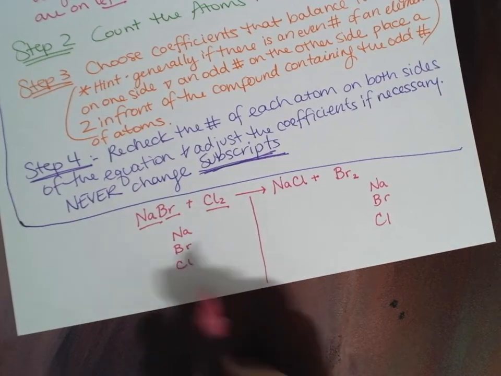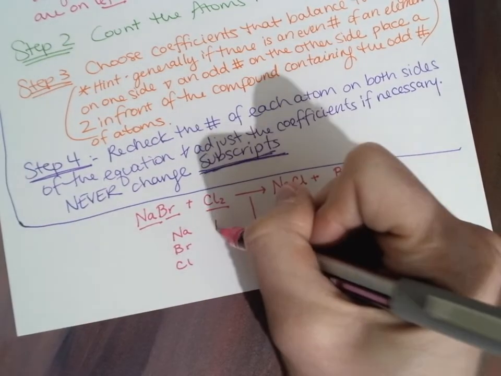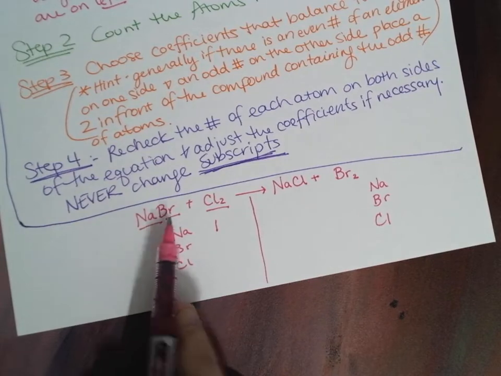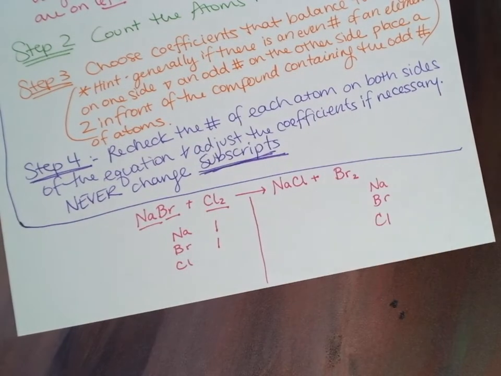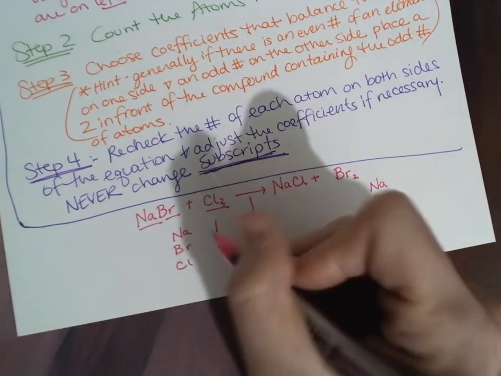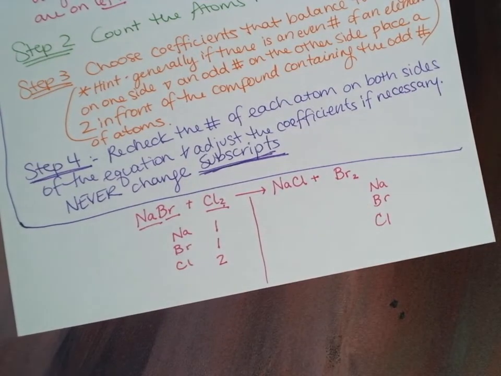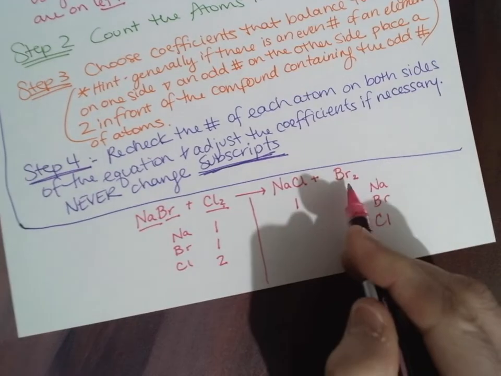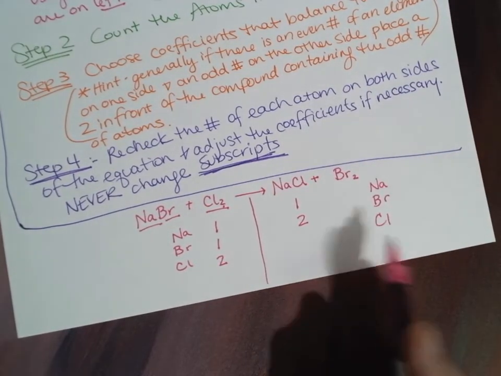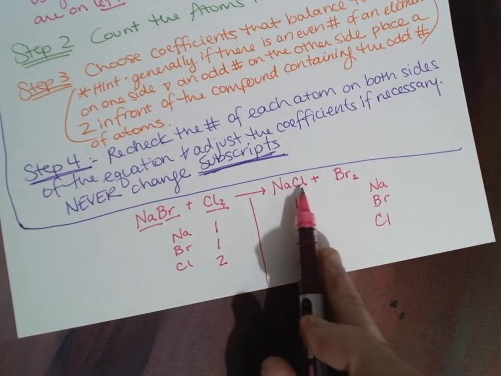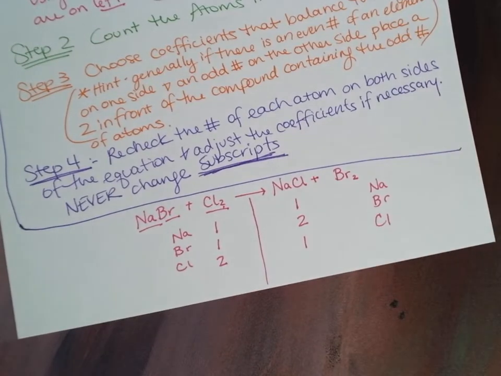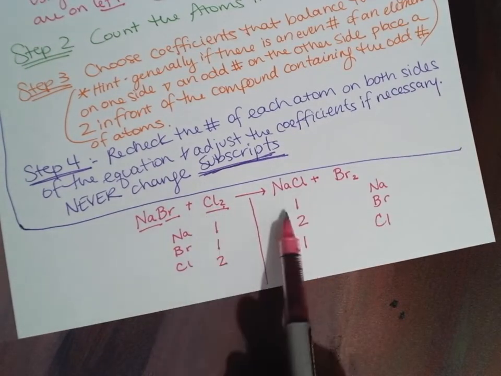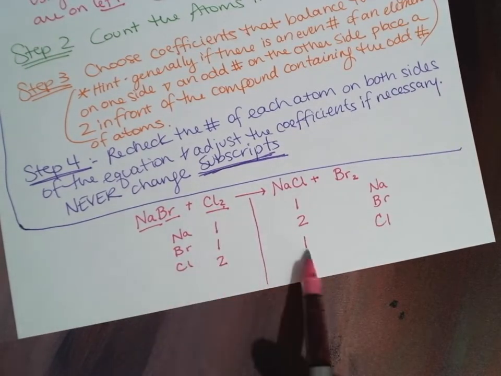We have one sodium atom on this side, one bromine atom, and two chlorine. Going over here, we have one sodium, two bromine, and one chlorine. Are they balanced? 1 and 1, yes. 1 and 2, no. 2 and 1, no.